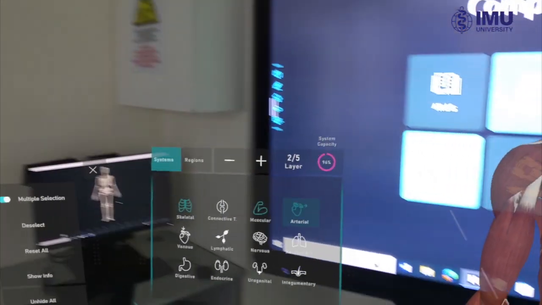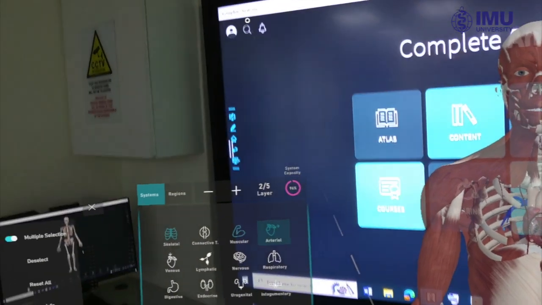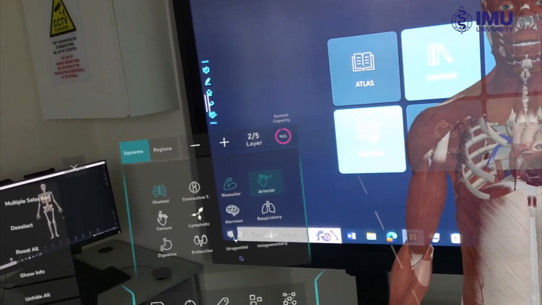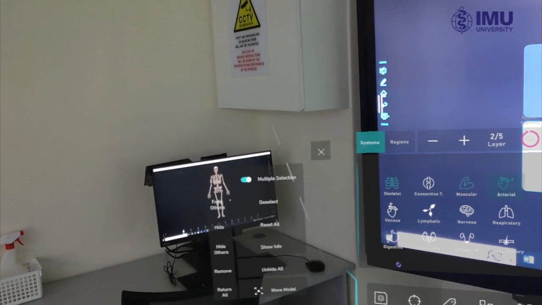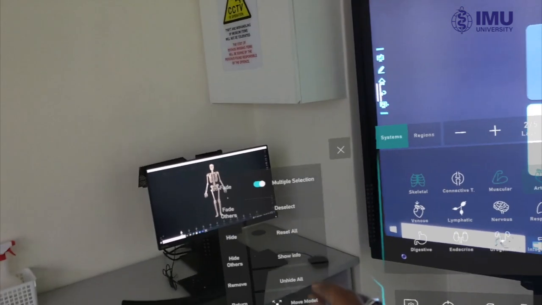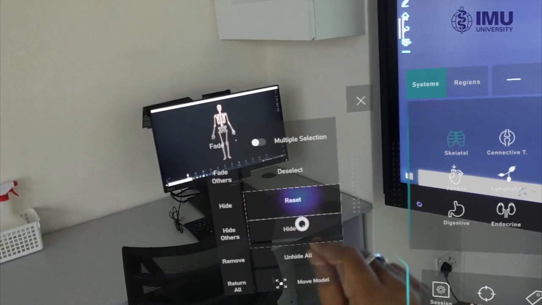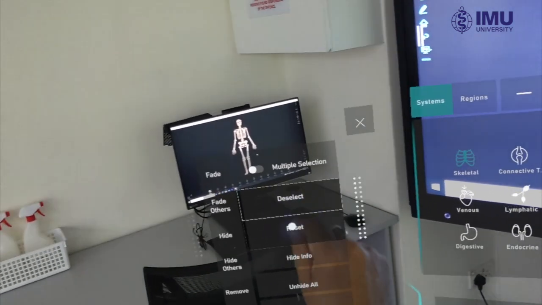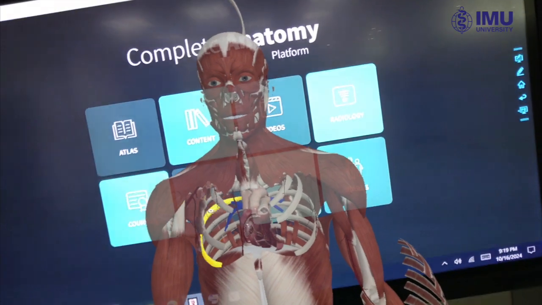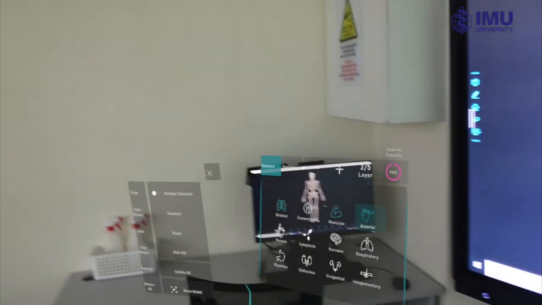One thing is that I have removed the interventricular septum, but sometimes we can go back and add or remove. If we go here and reset, you see that some of the structures are coming back.